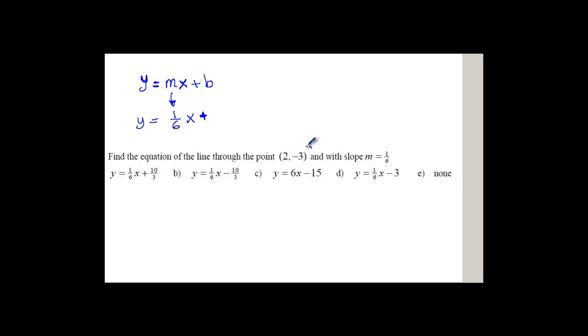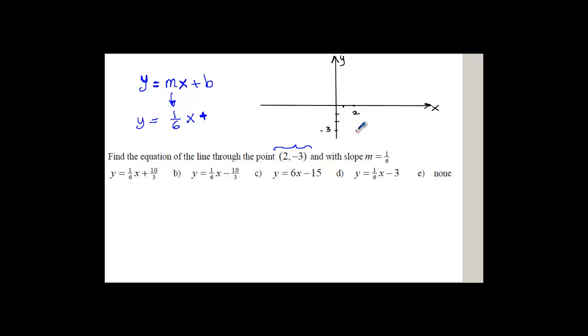This is just a point. So if I picture this on the number line, this is the y-axis, this is the x-axis. They're giving you a point which is x is equal to 2, y is equal to -3.